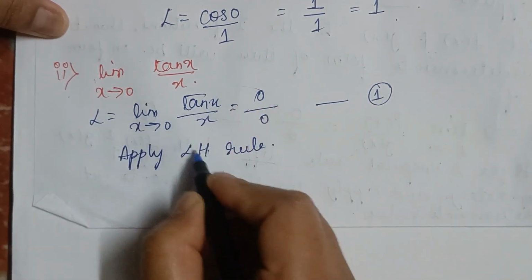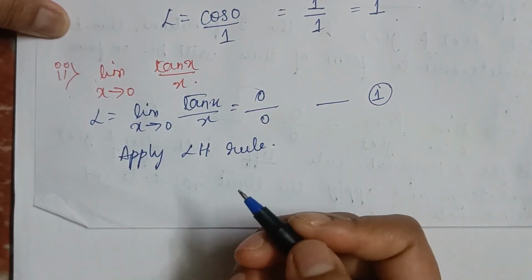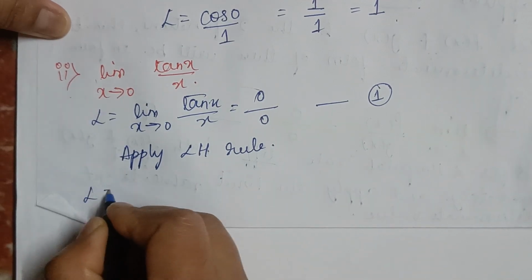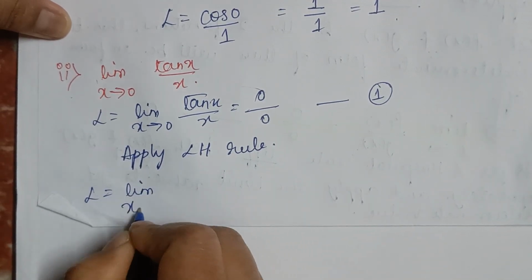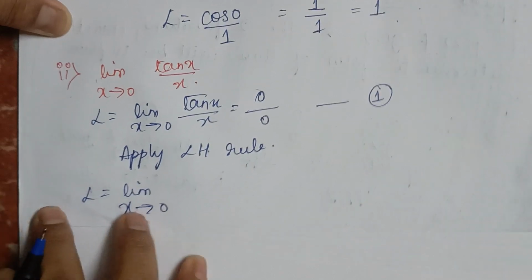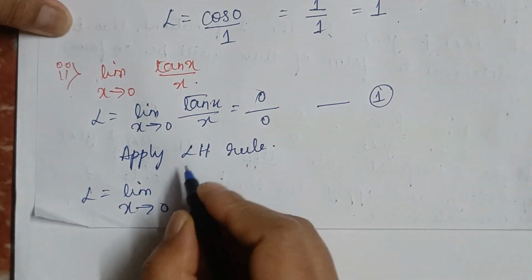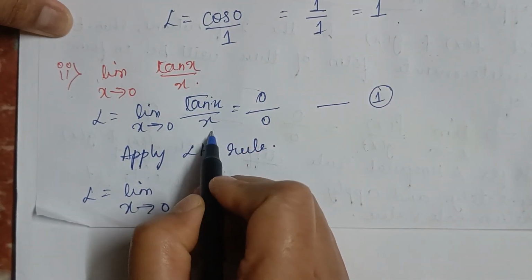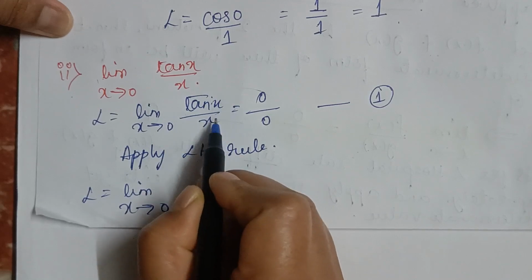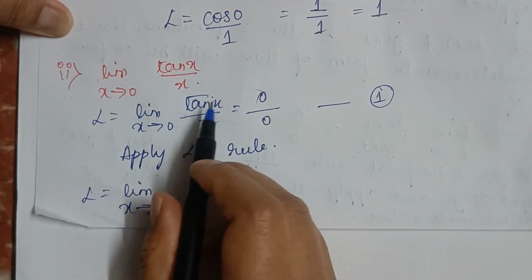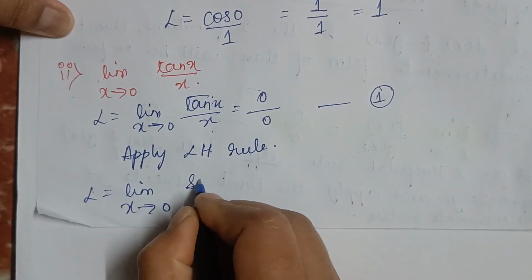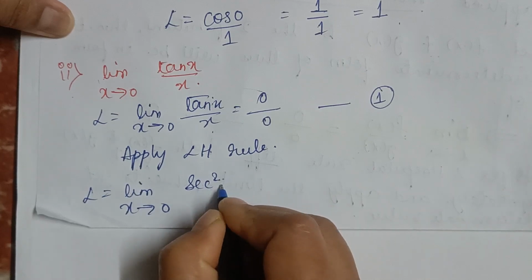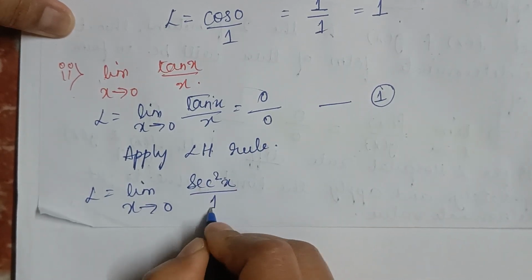So this equation becomes, limit x tends to 0, with f of x by g of x, differentiate this separately. So differentiation of tan x is secant square x, divided by differentiation of x, which is 1.